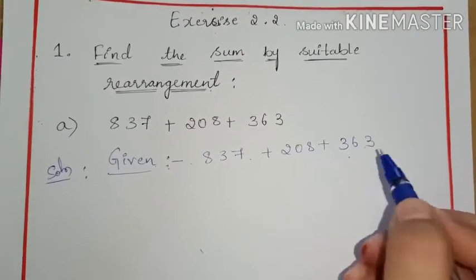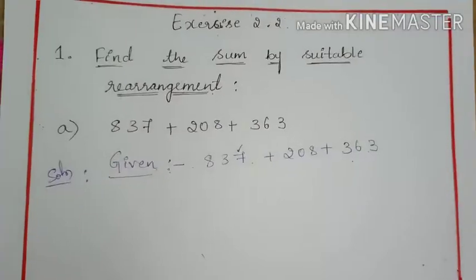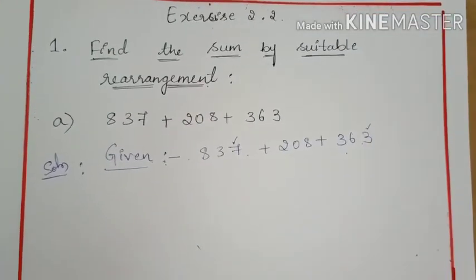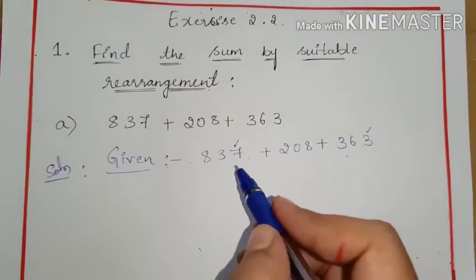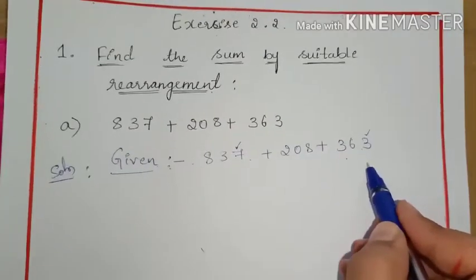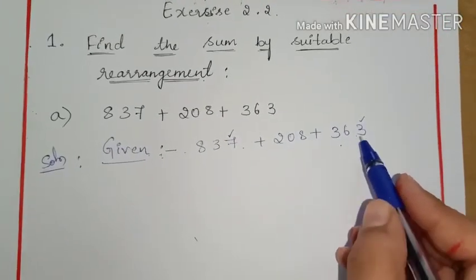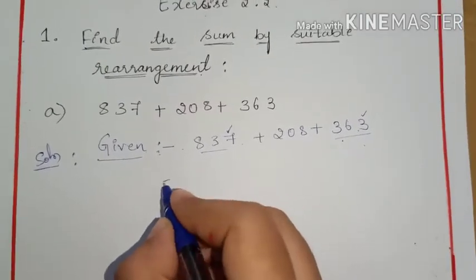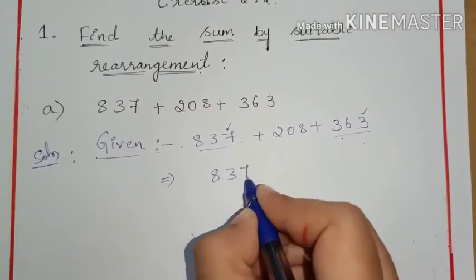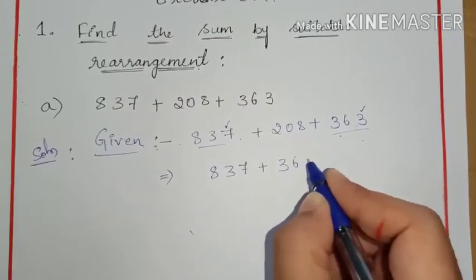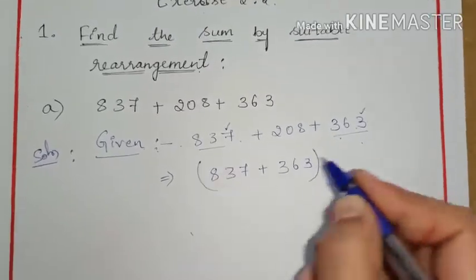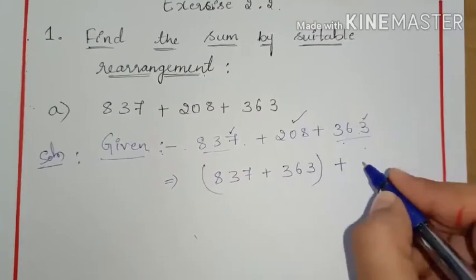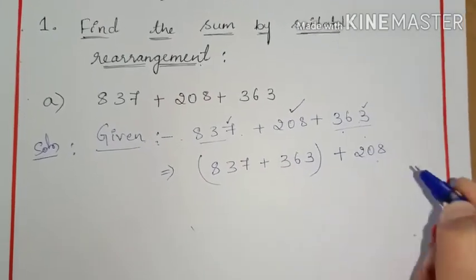See, if you observe, here the unit place is 7 and here the unit place is 3. So it becomes easy to add 7 plus 3, as it becomes 10. So you can take 837 plus 363, plus then add 208 at the last.